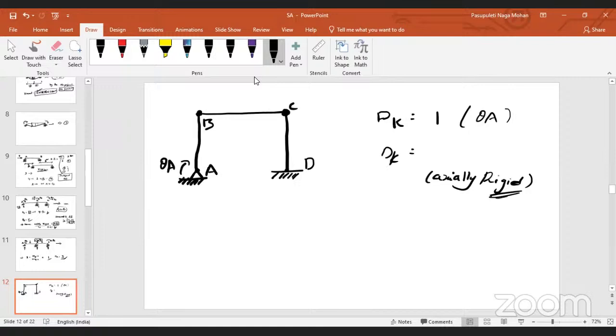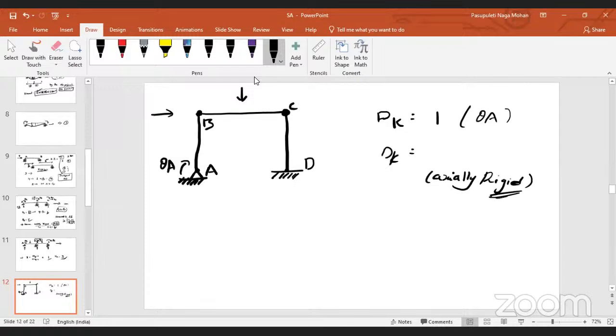Now at point B, how many unknown displacements might exist? Theta B and theta C, yes, sir. Now I am considering a point in a 2D frame. Again, I am telling you, if you are considering a point in a 2D structure, I am not talking about any given loading. There might be horizontal loads present, there might be vertical loads also.